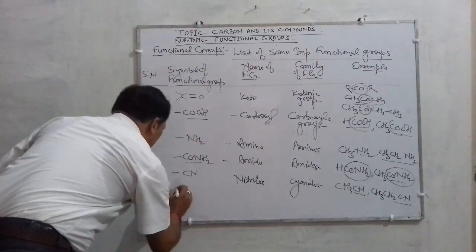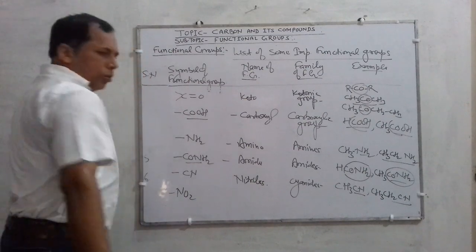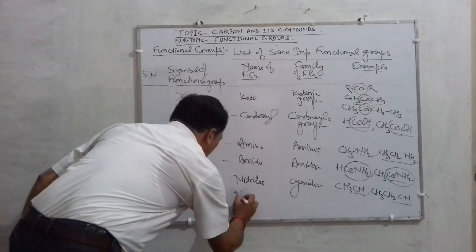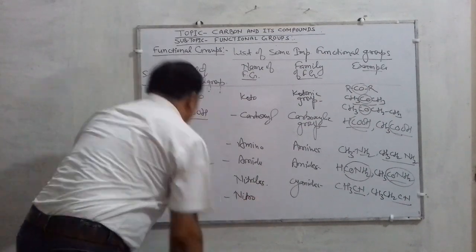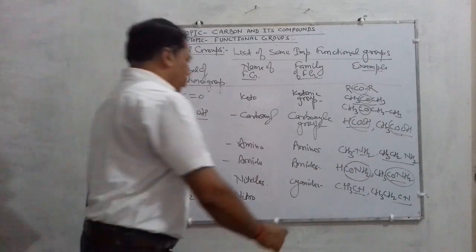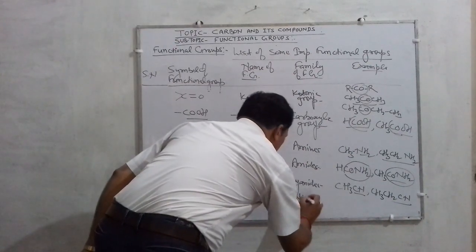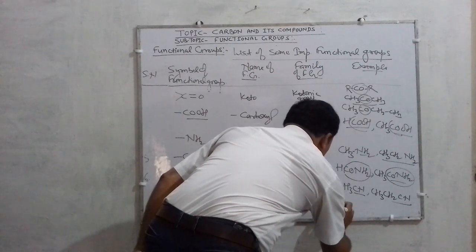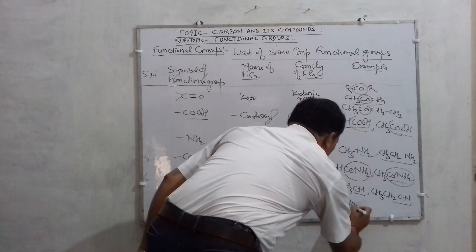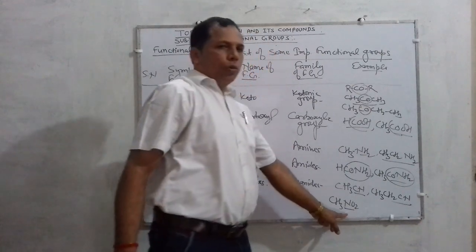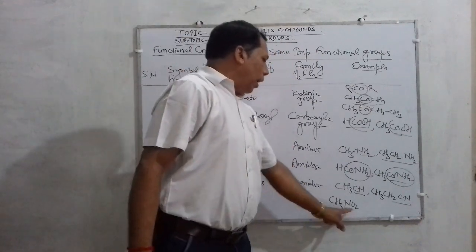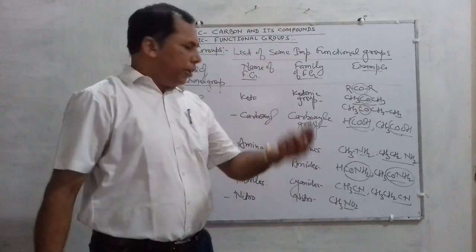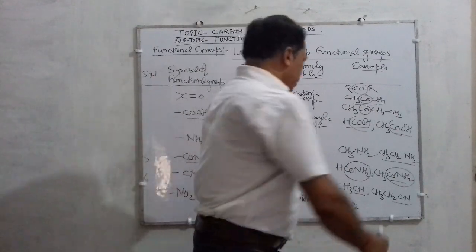One and last, that is NO2. NO2 is called, children, nitro. NO2 is termed nitro. Here also write nitro, and example symbol is CH3NO2. So in this NO2 is a function group nitro, and name is methyl nitrite or nitromethane.